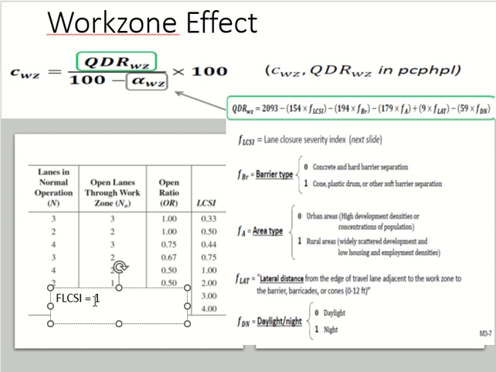Next thing we need is the factor for barrier type. They have concrete barriers. Next thing is the factor for area. Area is rural. Next thing, lateral distance between the lane and the barrier.